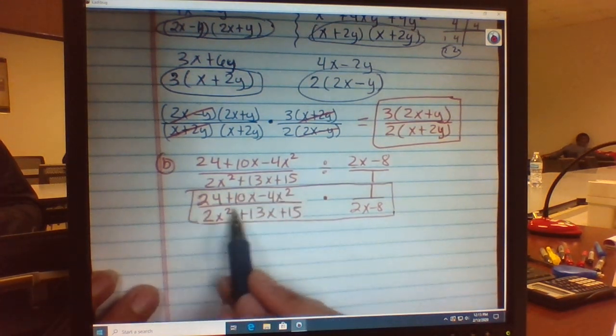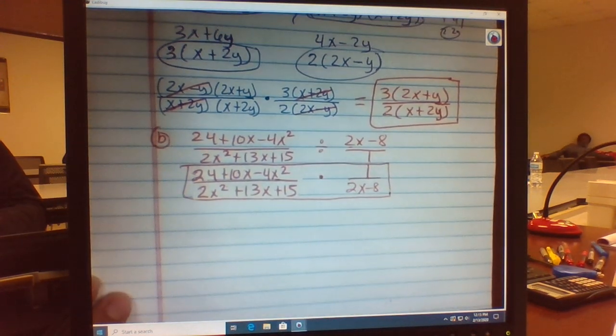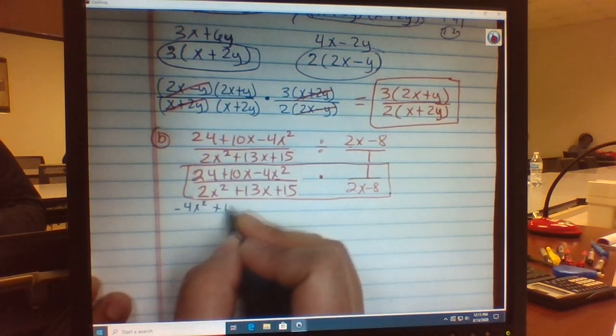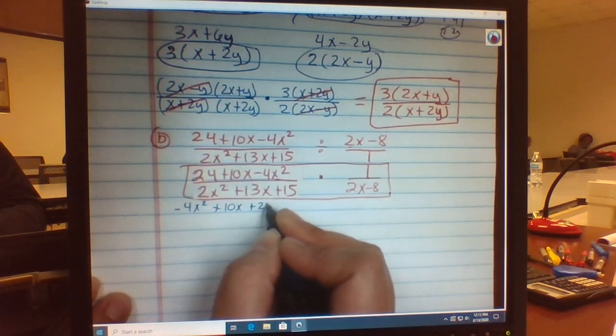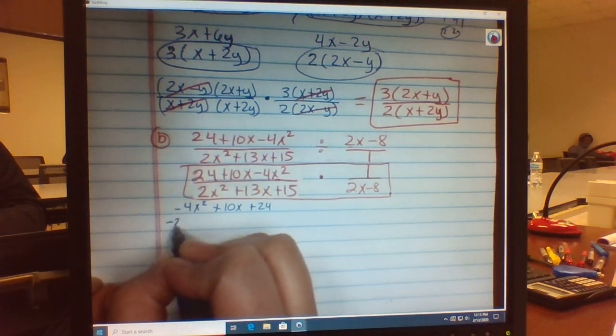If I have to factor the first top, what would be recommended that I do? Put it in order, so I have a negative 4x squared plus 10x plus 24. Can I factor anything out from there? A negative 2, very good.